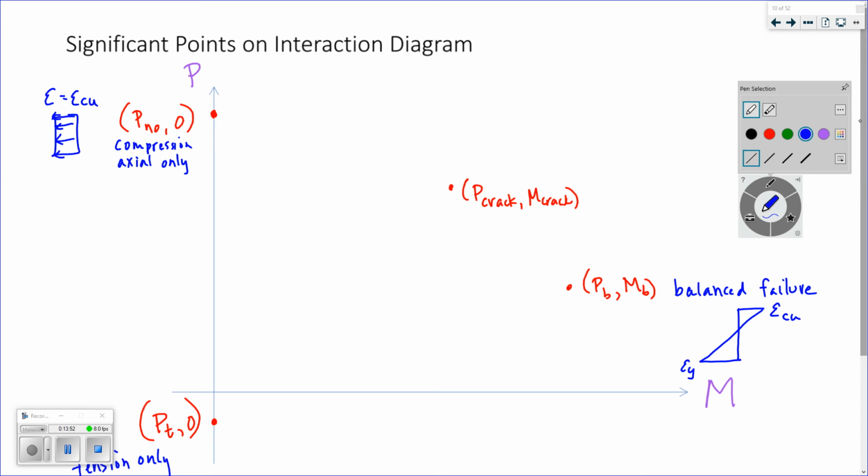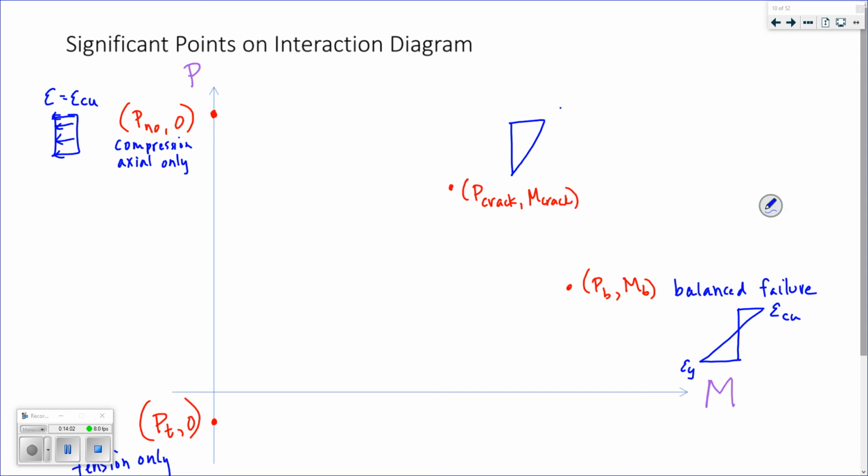So the strain profile associated with that would look like that. ECU up at the top, strain in my steel is equal to 0, because if it strains just ever so much more, it's going to be in tension, and I'm assuming my concrete's going to start cracking.